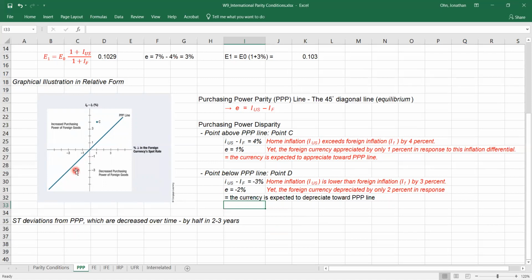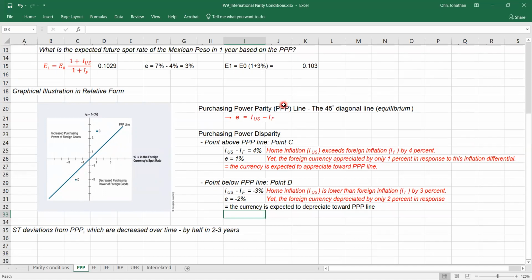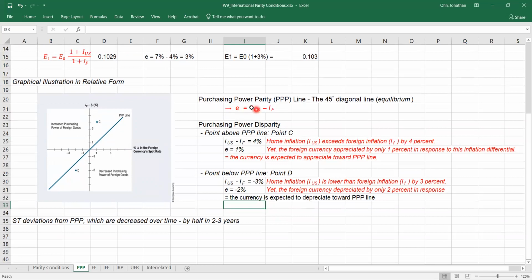So this one is expected to continue this way, right? The reason why I said this one continues this way is that the U.S. inflation and foreign inflation are not quite easily adjusted. The flexible exchange rate will adjust to achieve this purchasing power parity.